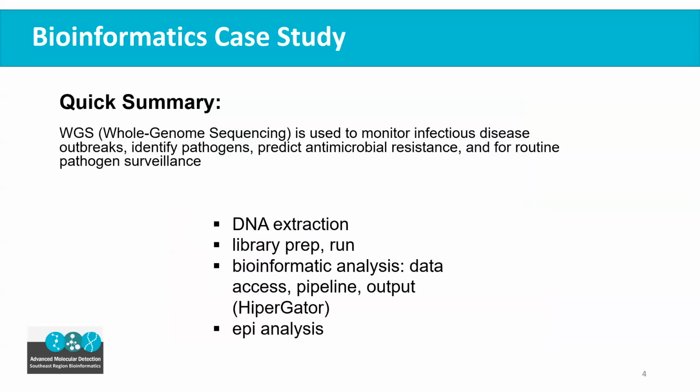For both long read and short read sequencing, they all include the following procedures: DNA extraction, library prep, and sequencing run, the bioinformatic analysis, which we performed on HiPerGator. And normally there will also be epidemiological analysis following the outbreaks.